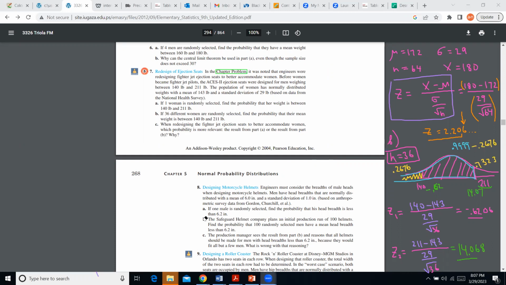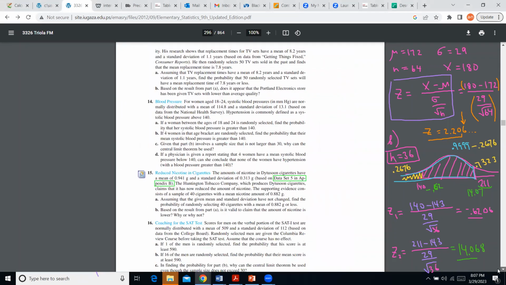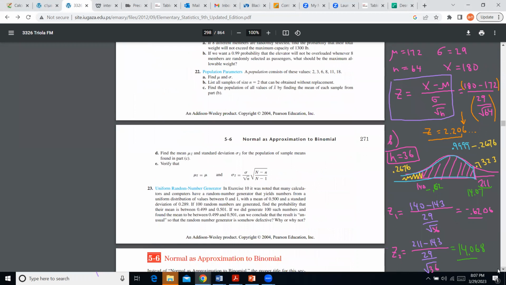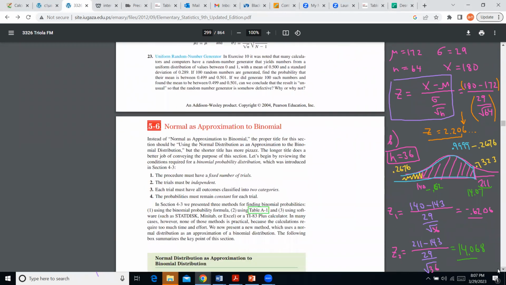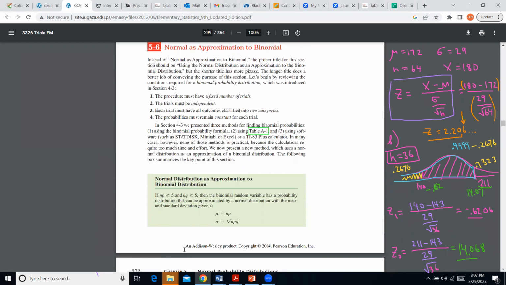And I will take a little look at the last section of this chapter 5 that we need. It's going to be the approximation by binomial distribution. So you probably already remember a pair of formulas that we had used before for mean and for standard deviation.